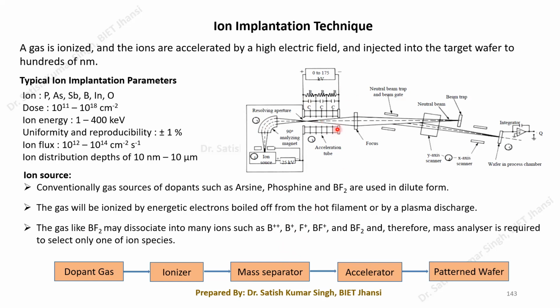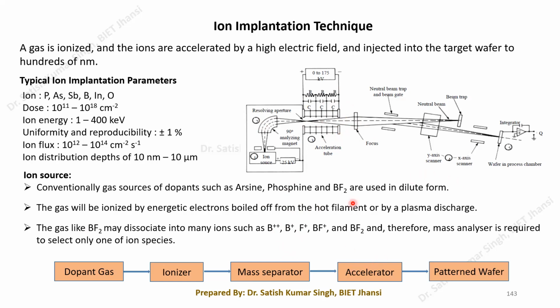And then we need the accelerator to accelerate our ion beam to achieve a certain doping energy, so that a certain doping depth can be achieved. The dose depends on the duration of the ion implantation, so we can control the dose that way.